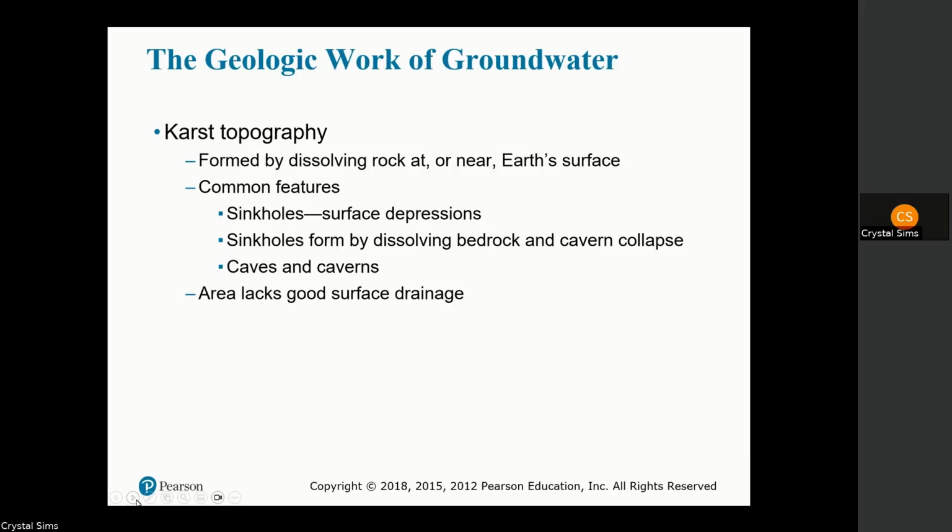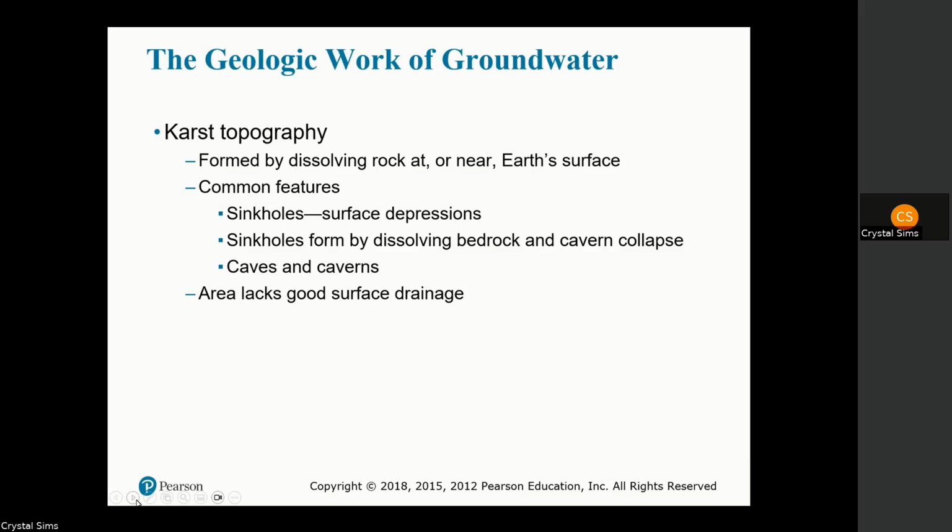So what are some features associated with karst topography? We have sinkholes. Sinkholes are surface depressions. Some of them are just 3 to 6 feet to a maximum of more than 160 feet wide. Sinkholes can form in one of two ways.